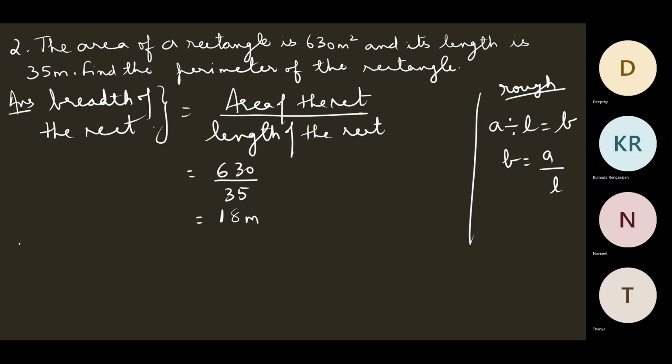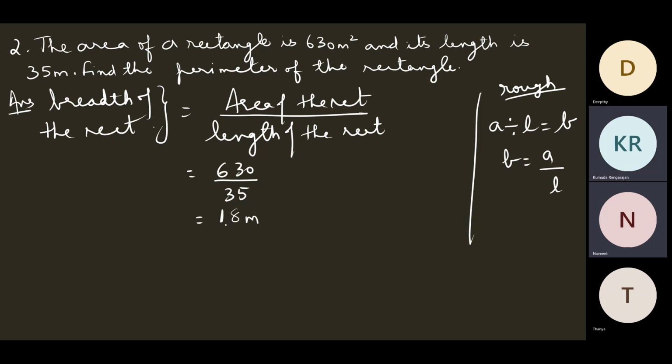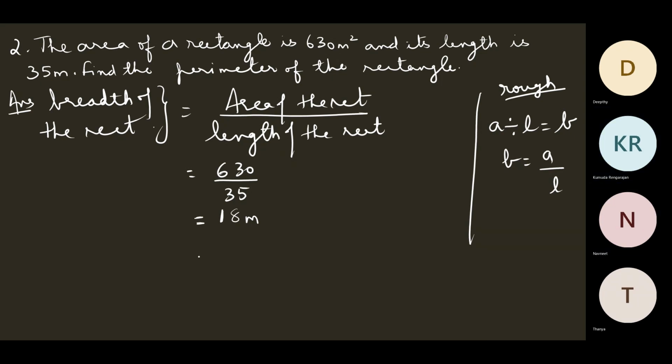Okay. Next, read out what you have written. Yes, ma'am. Breadth of the rectangle is equal to area. No, read after 18 meters. Ma'am, after that I did not do. I still need to do that. Okay, fine.